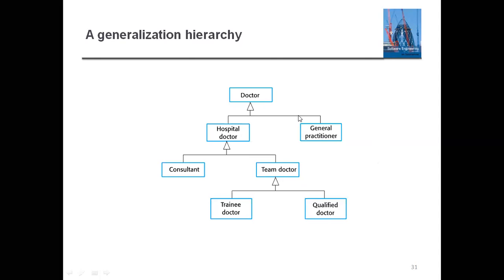Whenever we draw a diagram, we have to extend the doctor box, so it will be a little bigger. Inside it, the first part is the class name. Here my class name is doctor. Next I divide again and write all my attributes.